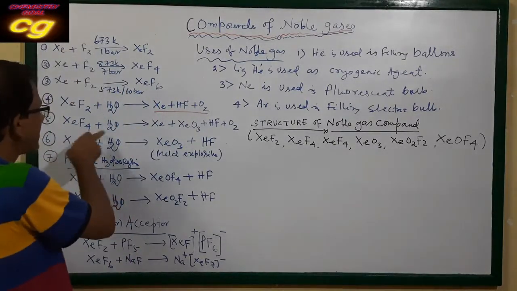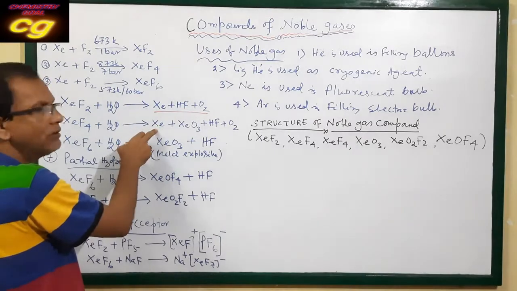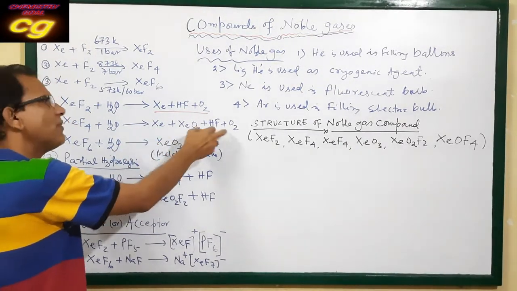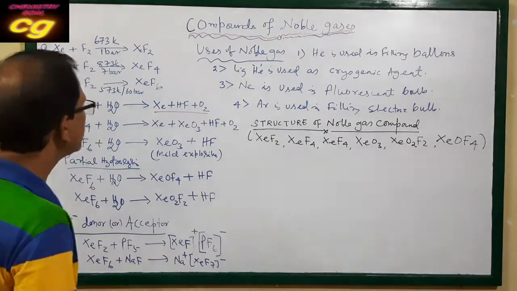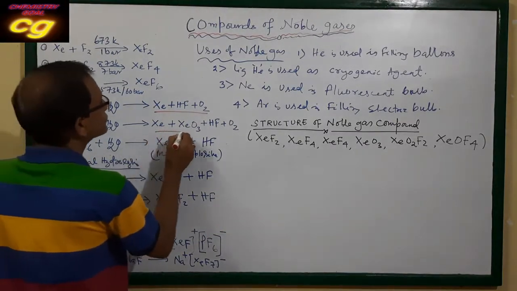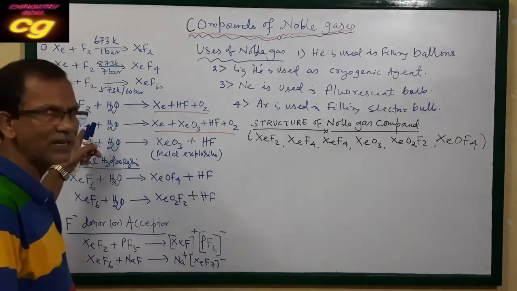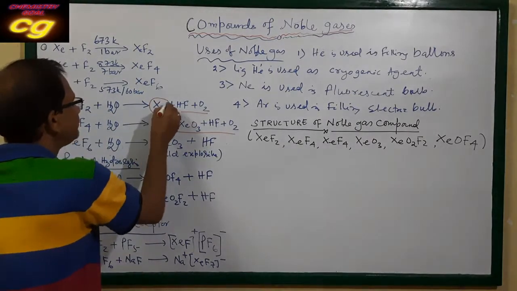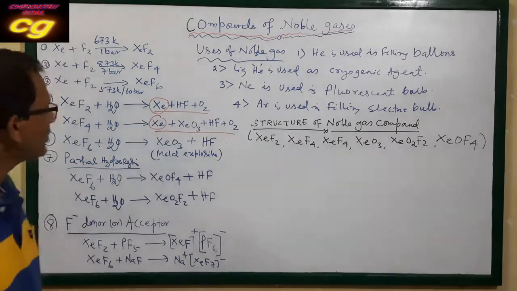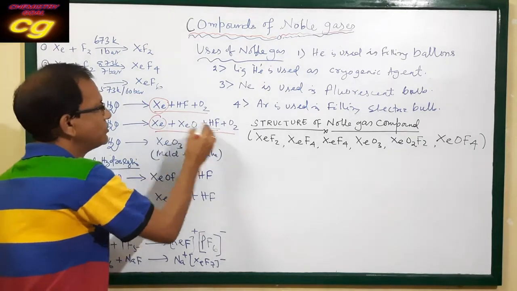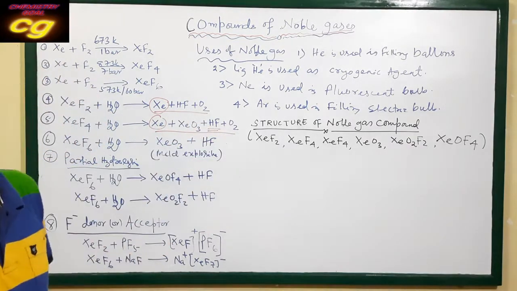Similarly, tetrafluoride produces xenon trioxide, HF and oxygen. So you have to remember, four products are produced from xenon tetrafluoride. Xenon is common, and here trioxide and HF are also common, and oxygen is also produced.